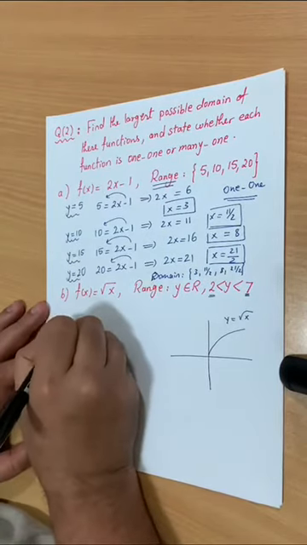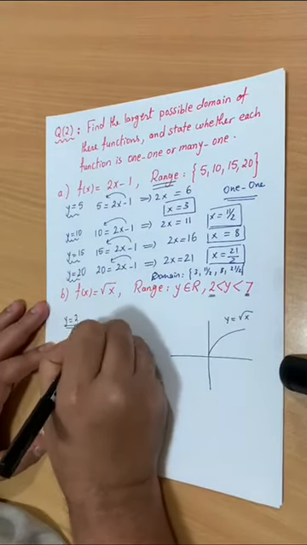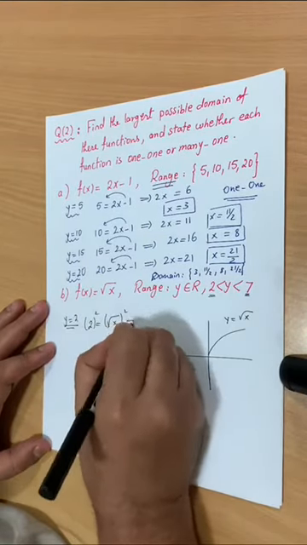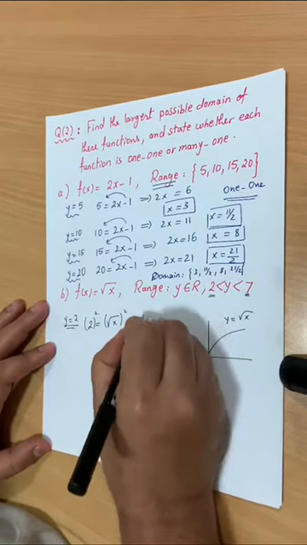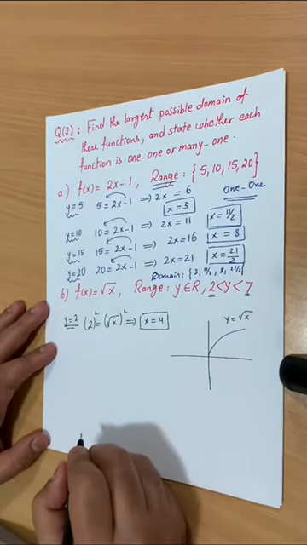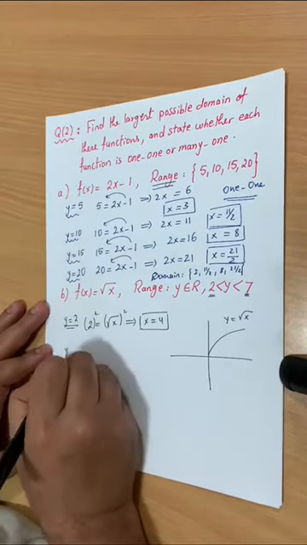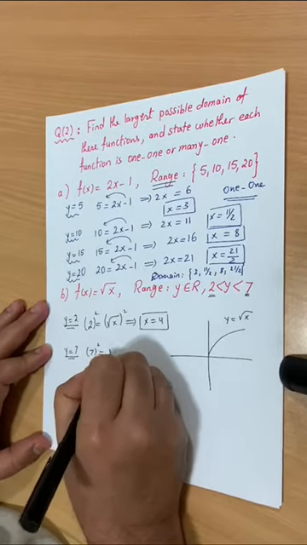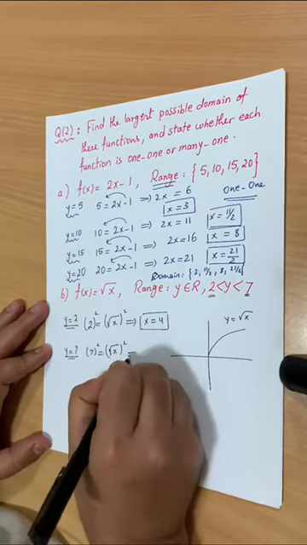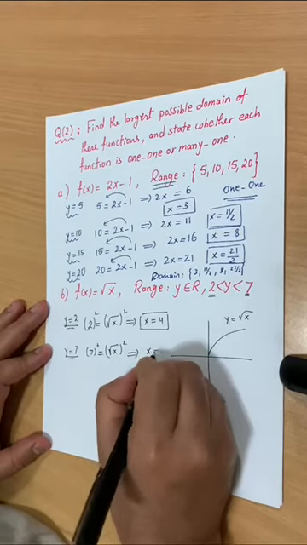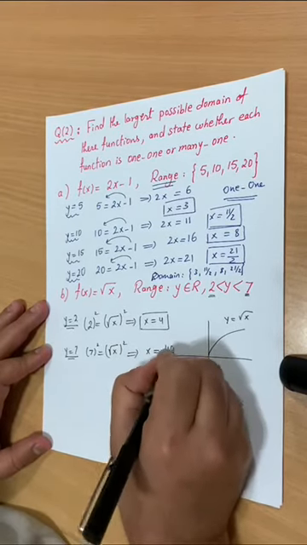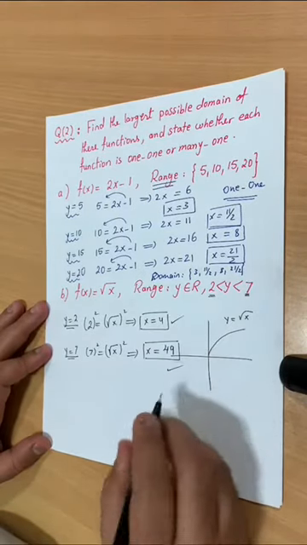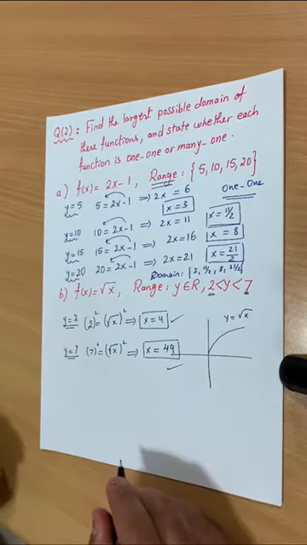When y equals 2, so 2 equals root of x, by squaring both sides you'll find x is equal to 4. Then when y equals 7, 7 squared equals root of x all squared, so x is equal to 49. So this is the least x value and this is the highest x value.